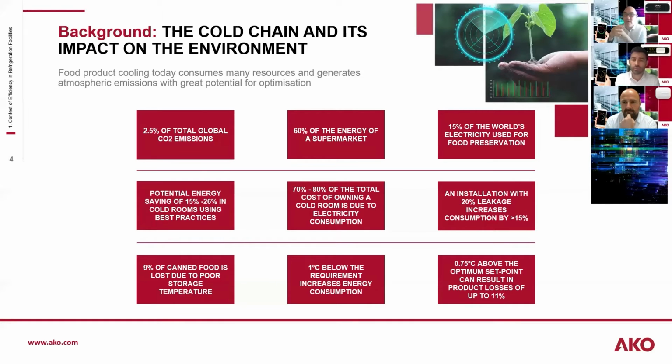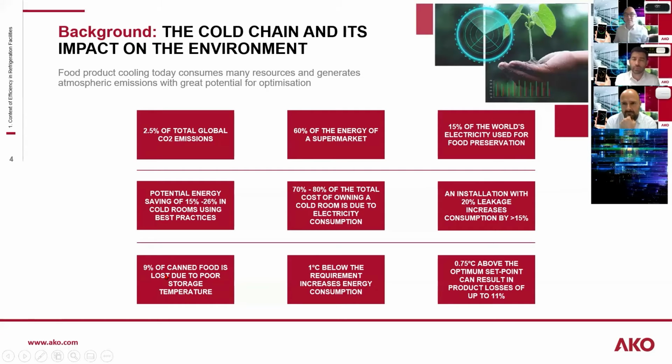Or in the opposite case, if you have just 0.75 degrees above the optimum set point, it can lead to product losses of up to 11%. So just imagine how important it is to have the right temperature all the time.